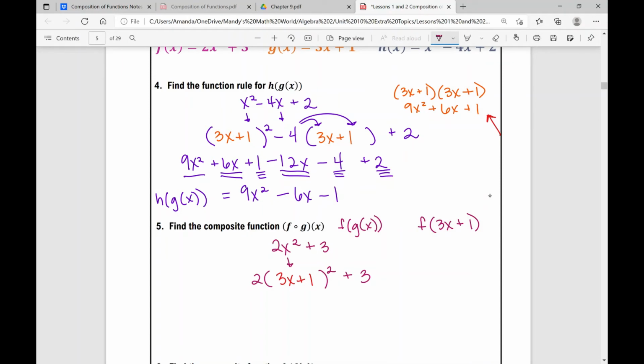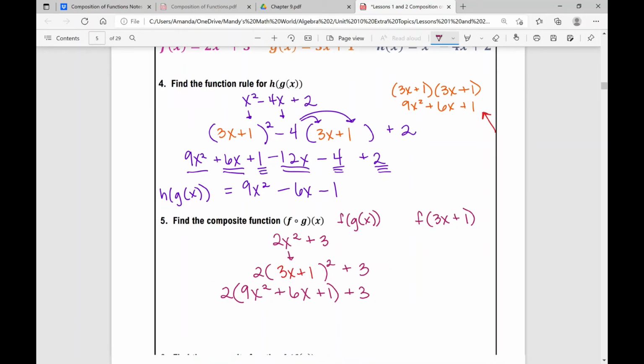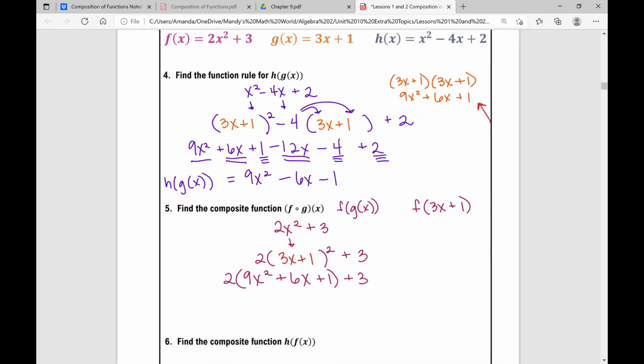So let's write this out. 2 times 3x plus 1 squared is 2 times 9x squared plus 6x plus 1, then plus 3. And now I'm going to distribute this 2 to each term inside the parentheses. So I get 18x squared plus 12x plus 2 plus 3. And now I'm going to combine like terms, which is 2 plus 3, and I get 5.